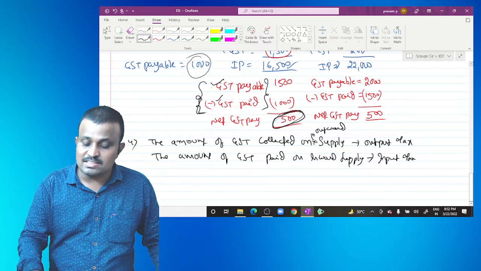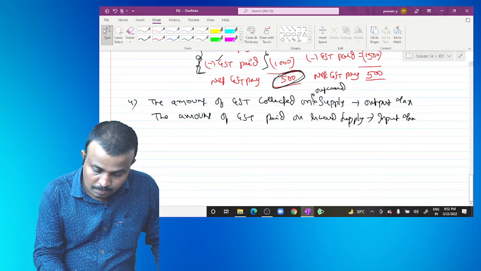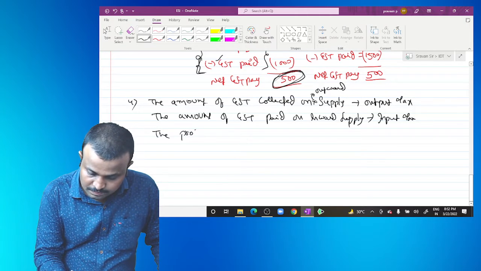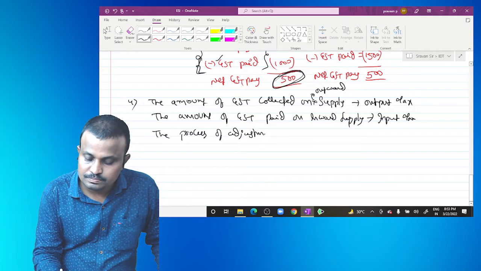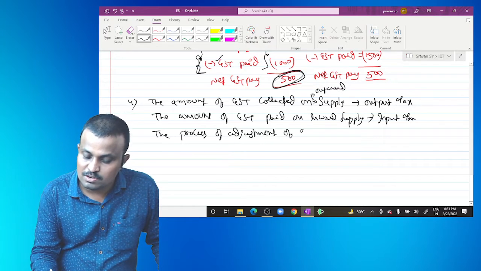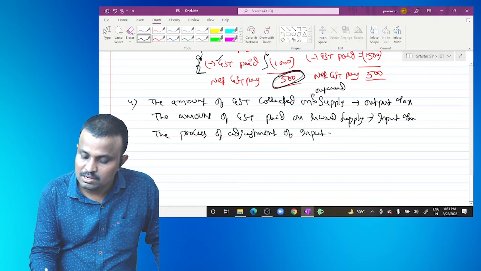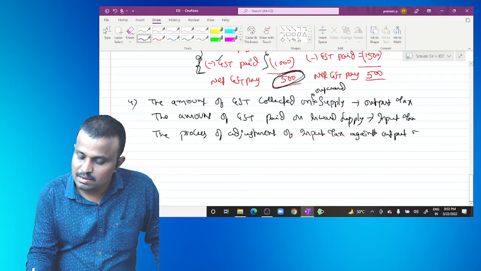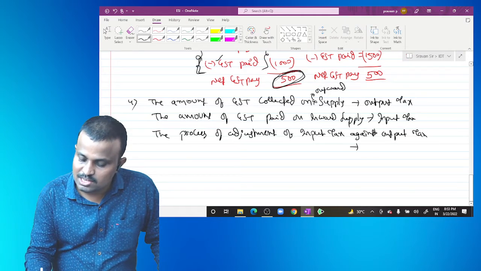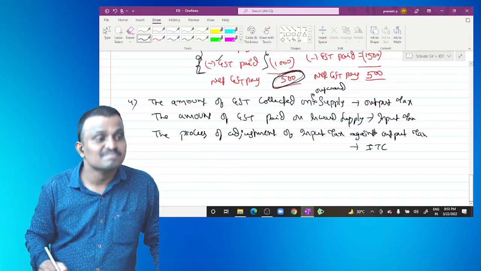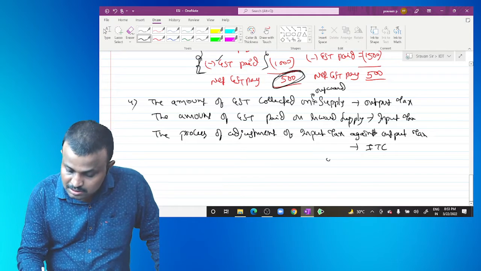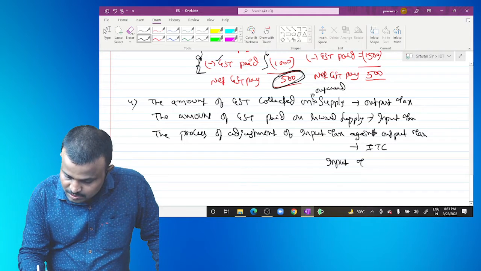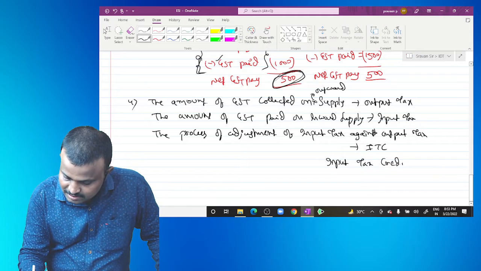The process of adjustment of input tax against output tax is called ITC, which stands for input tax credit.